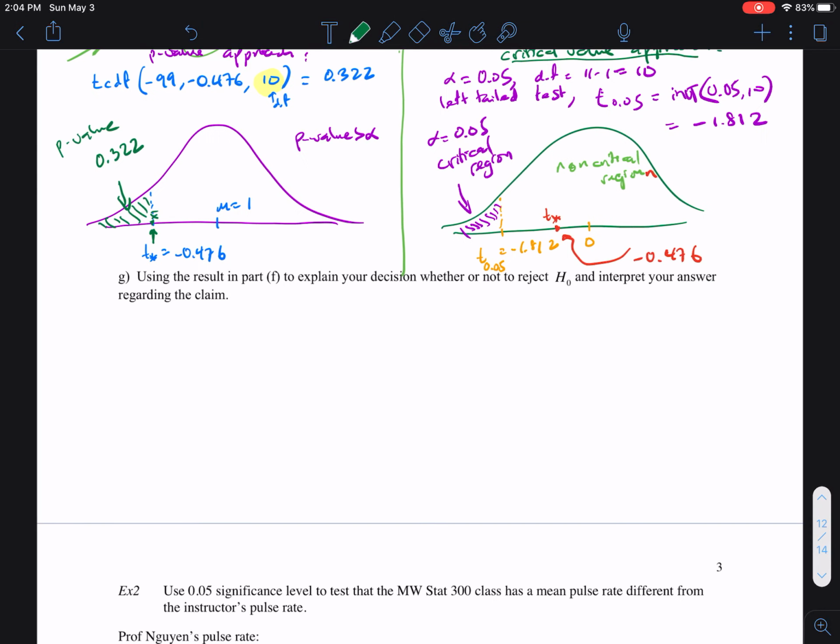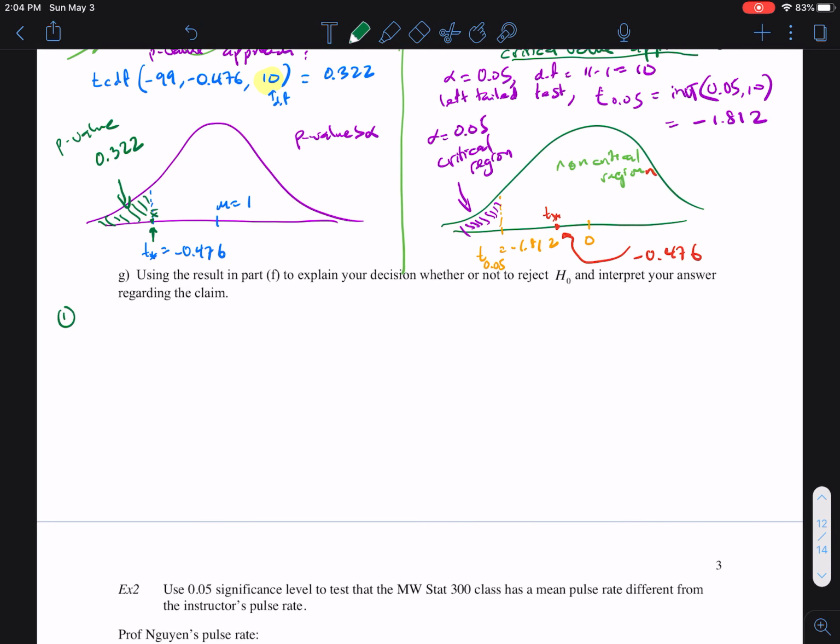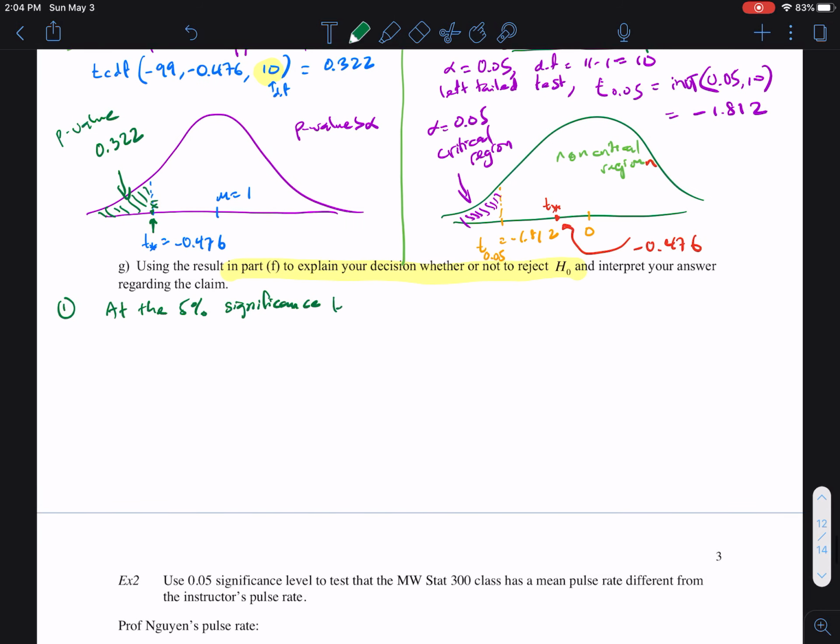To write the conclusion, the very first thing we want to do is explain our decision whether or not to reject the null hypothesis. That's the first thing we'll do. So we always start with saying that at the 5% significance level, meaning with a 5% chance of making a type 1 error, our findings say that the p-value is greater than alpha.